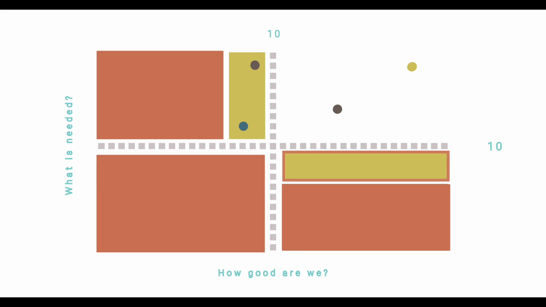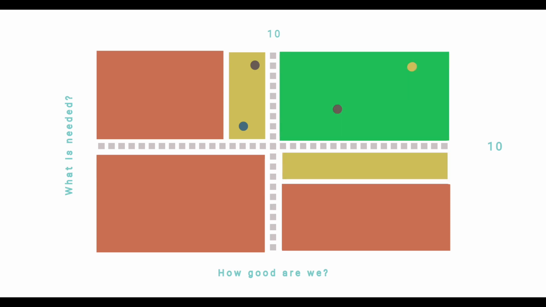If we choose to operate in this area on the right, we may need to educate the customer or beneficiary as to why they need the thing that we are going to do. But we need to recognise that this is a higher risk strategy to achieving our vision.